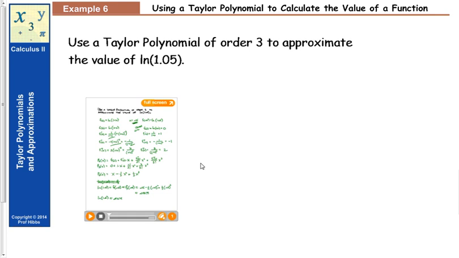Oh, yes, I forgot about this. This is something else that's very interesting and that you'll have to do in your homework. Use a Taylor polynomial of order 3 to approximate the value of the natural log of 1.05. Remember, we've talked about this already. This is another good look at what your calculator actually does. It doesn't have a listing of natural log values in it. There's no way it could hold all the possibilities.